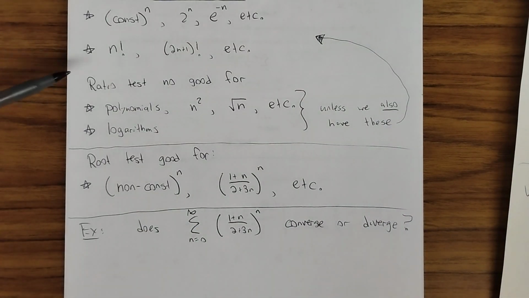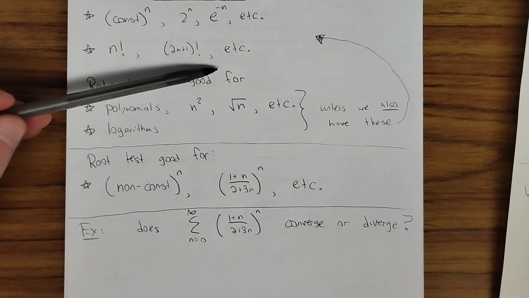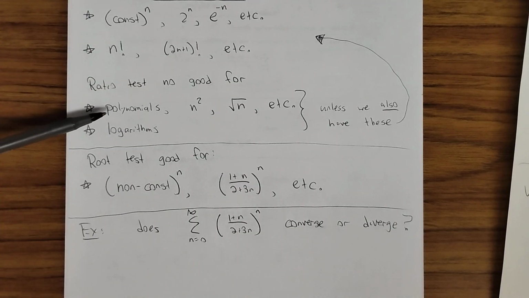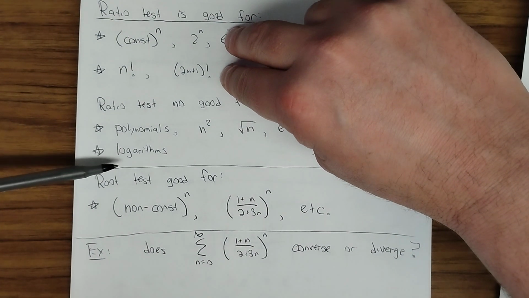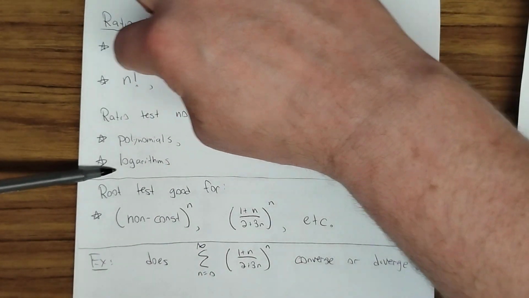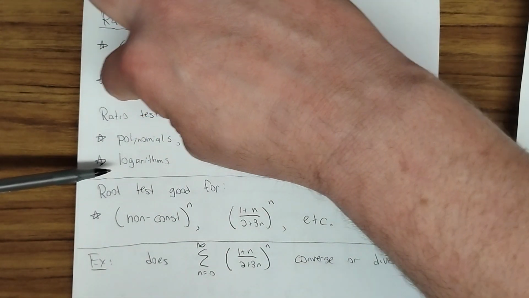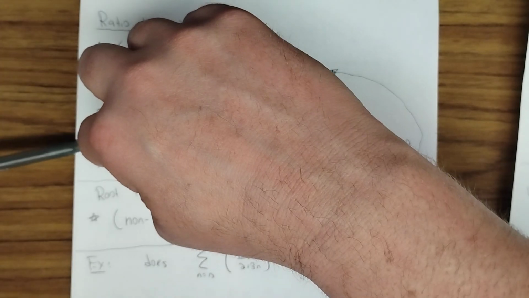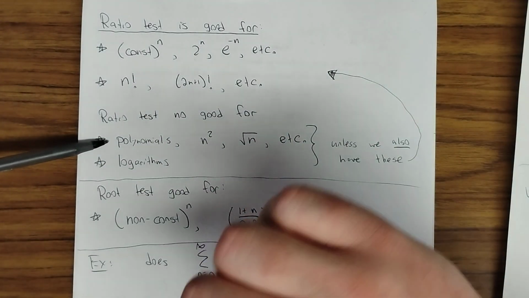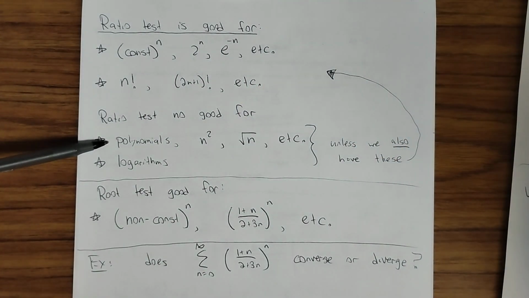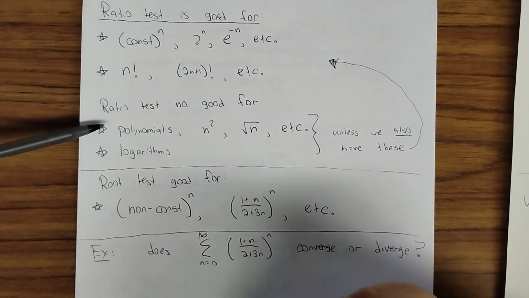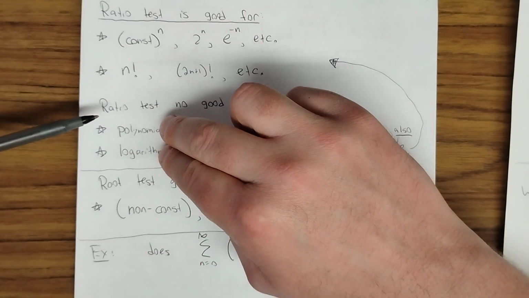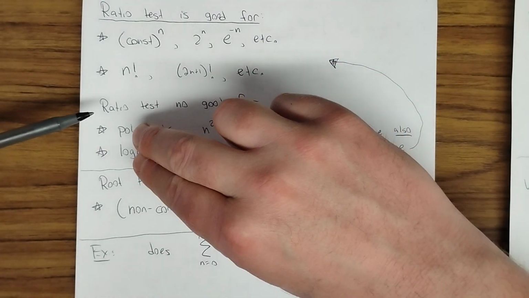In general, the ratio test is not good if that's what you're looking at. Of course, if you see any of this stuff up here, that's an exception. But if I don't see anything exponential and I don't see any factorials, and the only things that I see are powers of n, including roots like square root of n, and also including logarithms, roughly speaking, we're talking about slow-growing functions here.